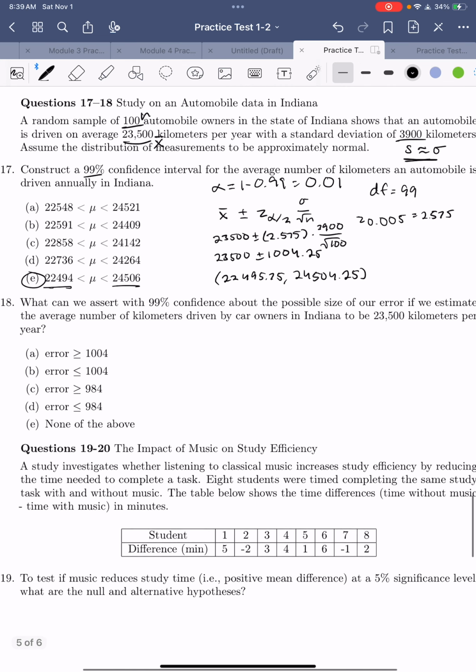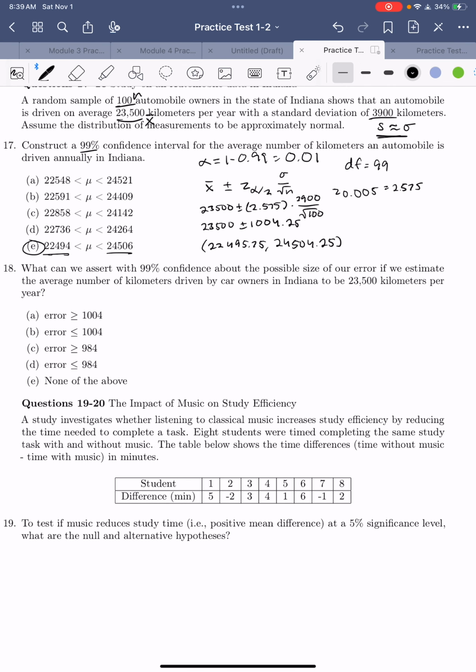And then our next question says, what can we assert with 99% confidence about the possible size of our error if we estimate the average number of kilometers driven by car owners to be 23,500 kilometers per year?